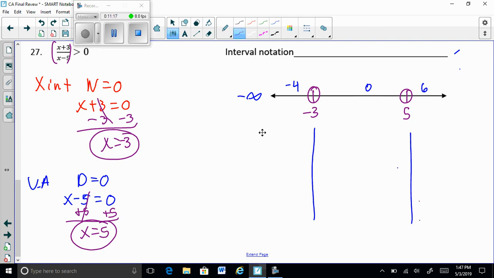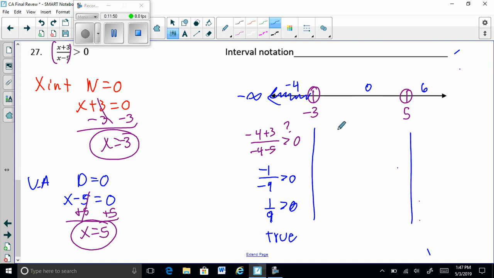So let's see, if I plug it in, I'm going to get -4 plus 3 over -4 minus 5, and we want to know, is that greater than 0? So I end up getting -1 over -9 greater than 0. That actually is true because double negatives, when you take the quotient, turn to a positive. So positive numbers are greater than 0, so that is true. So we'll go ahead and shade there.